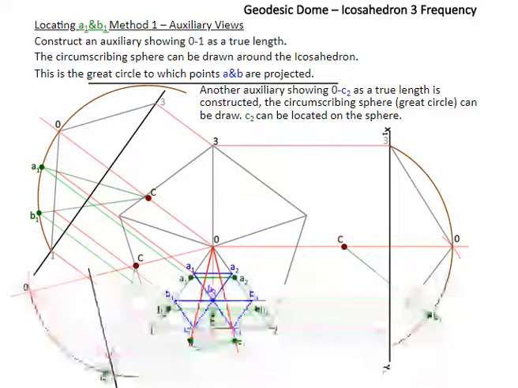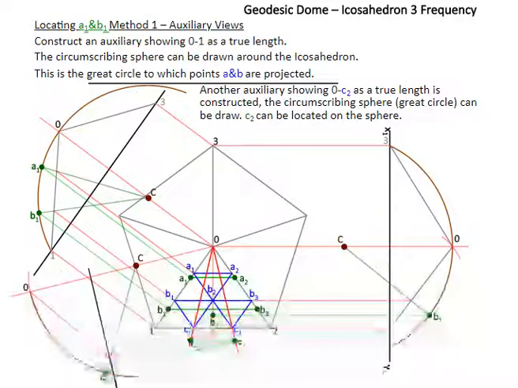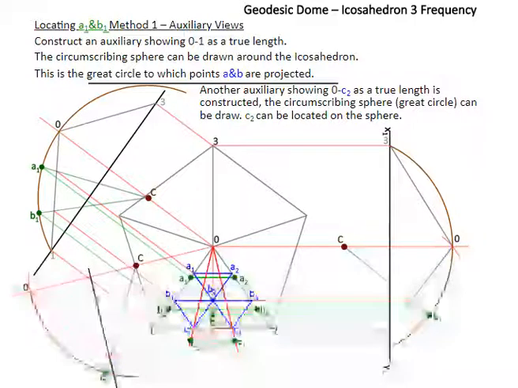So if at any point you're finding difficulty with any of these areas, pause the video, go back and look at it again, and slow down the process for yourself so you see how this is being constructed.